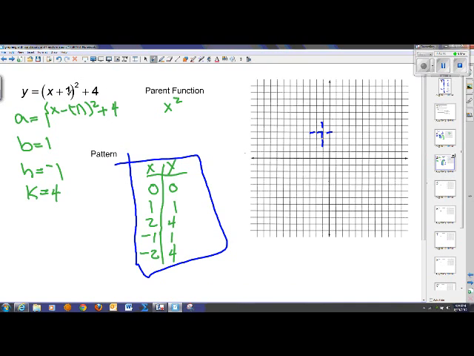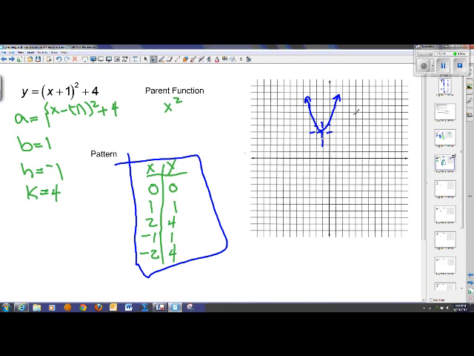It's going to look exactly the same, with the exception that everything's going to be slid back 1 and up 4. So I go over 1 and up 1, back 1 and up 1, over 2 and up 4, back 2 and up 4, and then I graph my function.